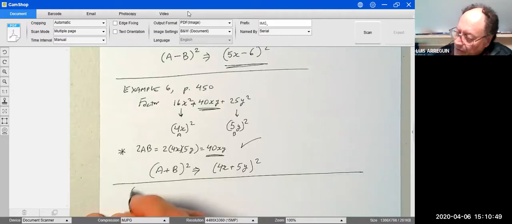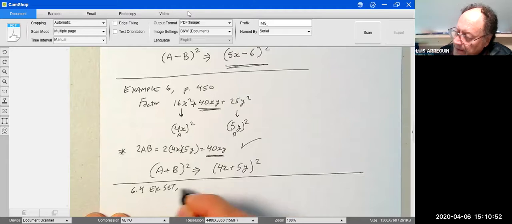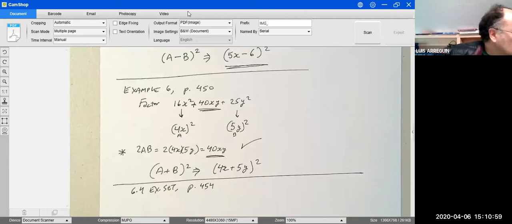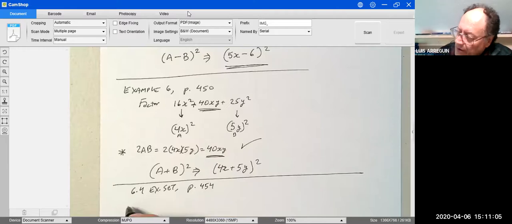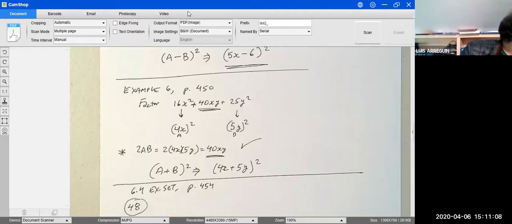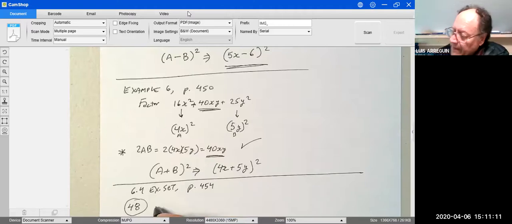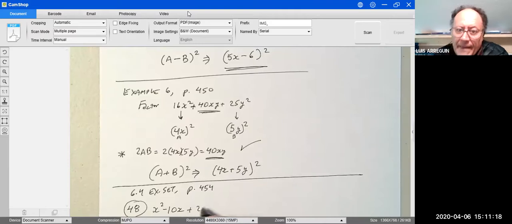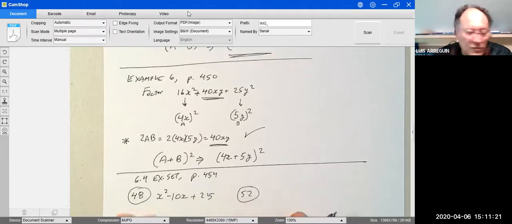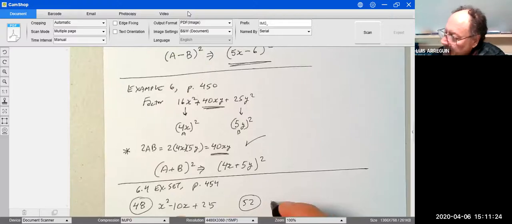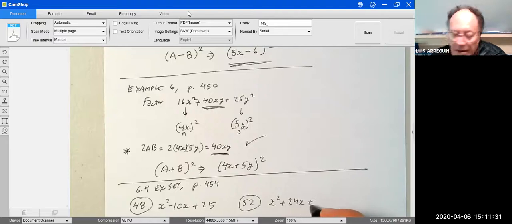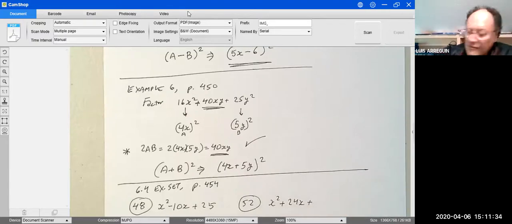So now you're going to solve a couple of problems from the exercise set 6.4 on page 454. You're going to solve 48 and 52 only. 48 is x squared minus 10x plus 25, and 52 is x squared plus 24x plus 144.